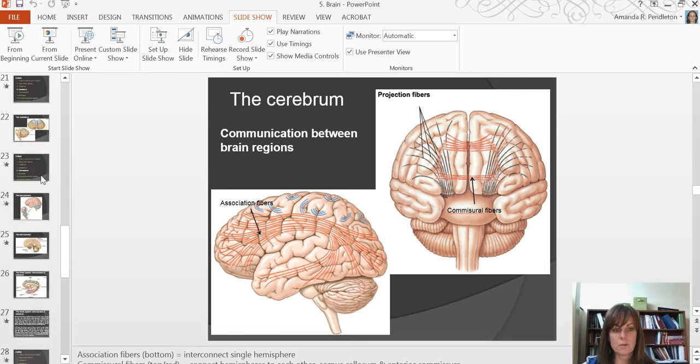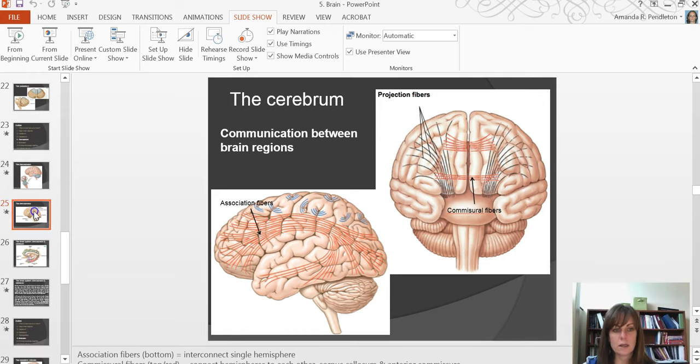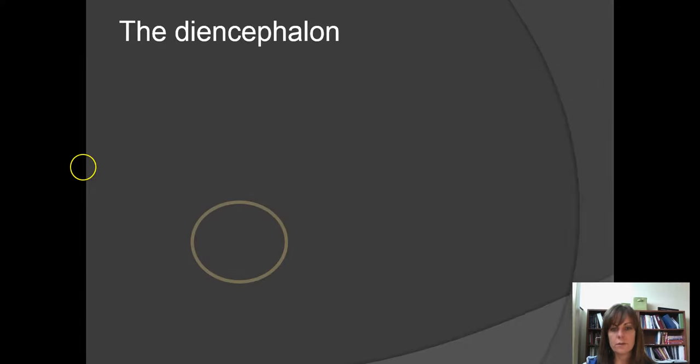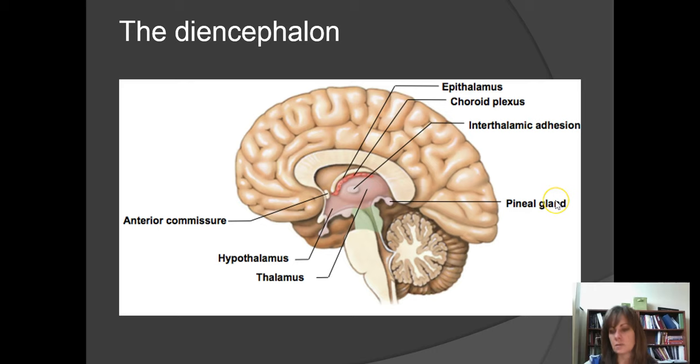Now, I do want to point out 2 of the major fibers that we can see if we look in cross-section here. We've seen this image before with the diencephalon, but let me point out a couple of other structures. As a reminder, in pink here's the diencephalon, and here are our large spaghetti noodles that are our cerebrum. This large, thick, white band is called the corpus callosum.